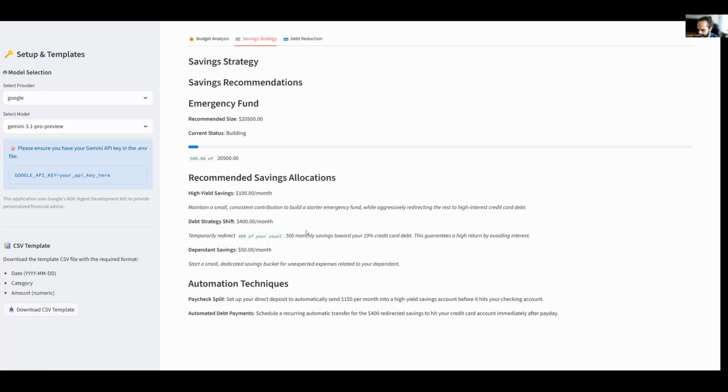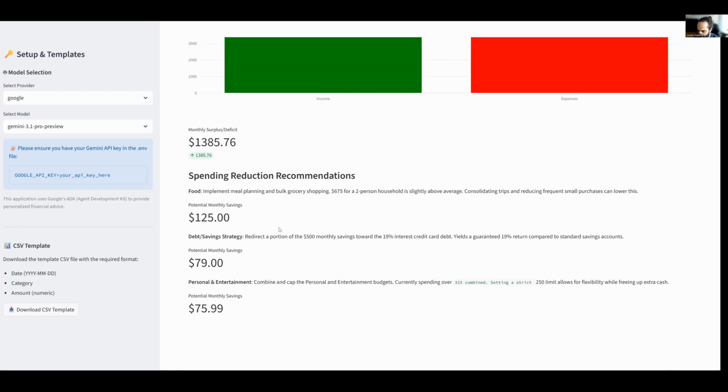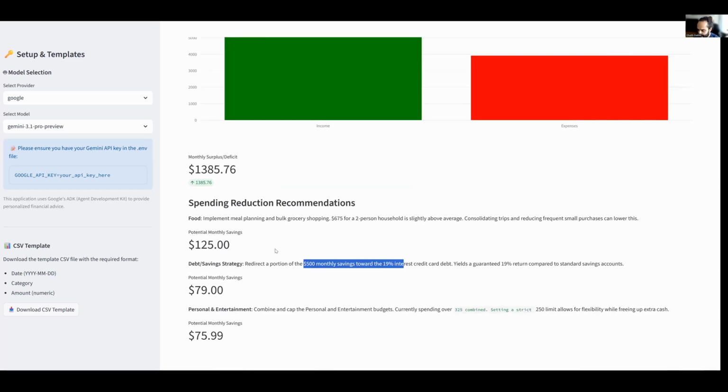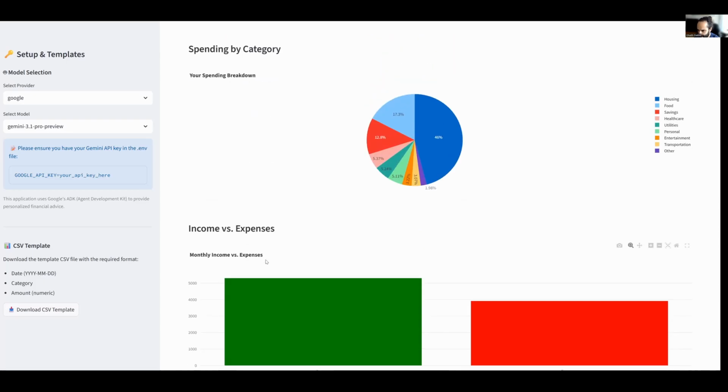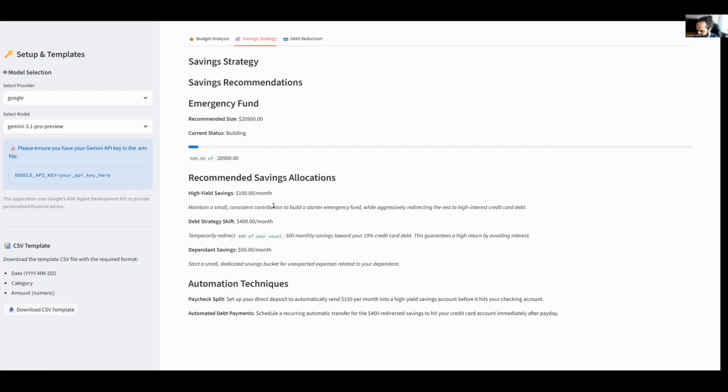And here, if you notice, guys, the previous agent suggested to save 500 monthly, but this agent is talking about putting the whole 500 monthly savings toward this high interest debt. So these agents actually communicate with each other, because the second agent reads information provided by the first agent.